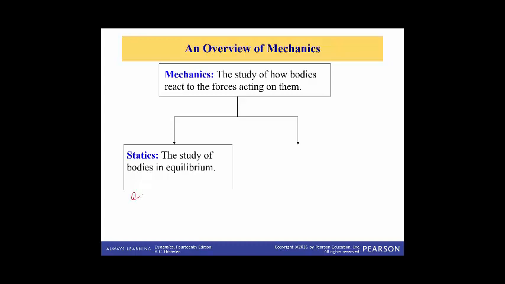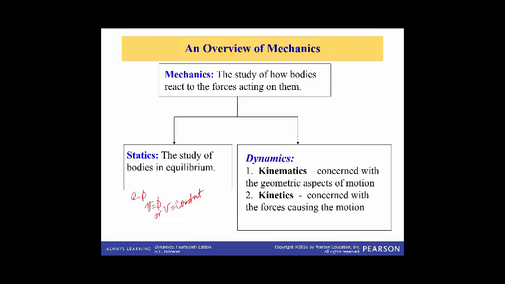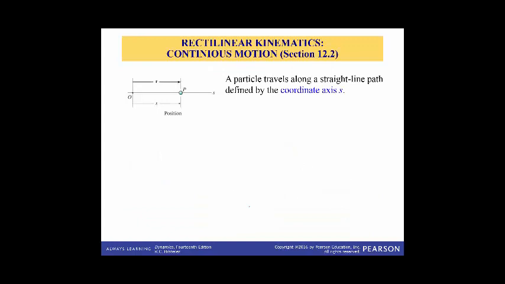So acceleration equals 0 means that the velocity equals 0 or the velocity is constant. So that body is in equilibrium, so nothing will shift its position. Now in dynamics, we're concerned with the geometric aspects of motion, and in kinetics, we're concerned with the forces causing that motion. So let's start with the basic principles.